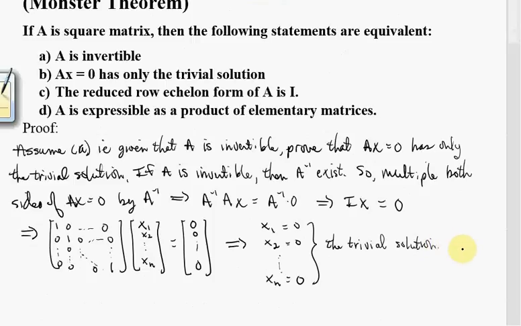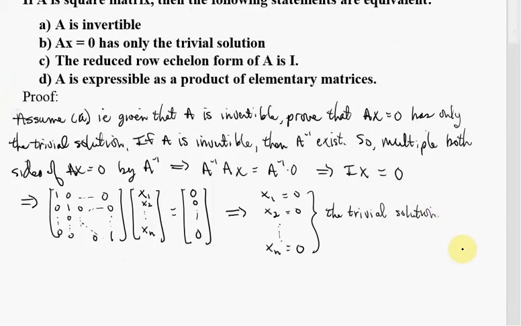So that's finished. So now we assume that AX equal to 0 has only the trivial solution to show that the reduced row echelon form of A is the identity.